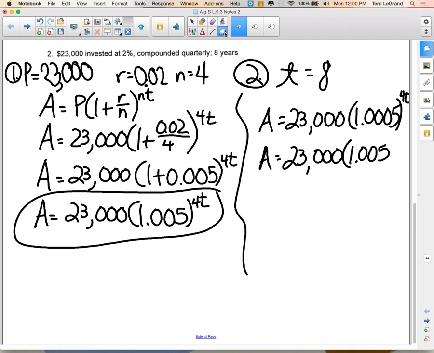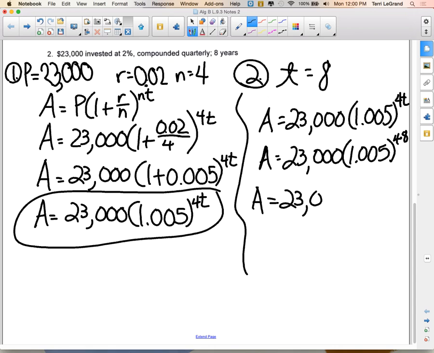Thank you, Cody. Because we're going to have to substitute 8 in for t, so we're going to be taking 4 times 8, aren't we? So before we put this in our calculator, we say, I really have 23,000 times 1.005 raised to the 32nd power.